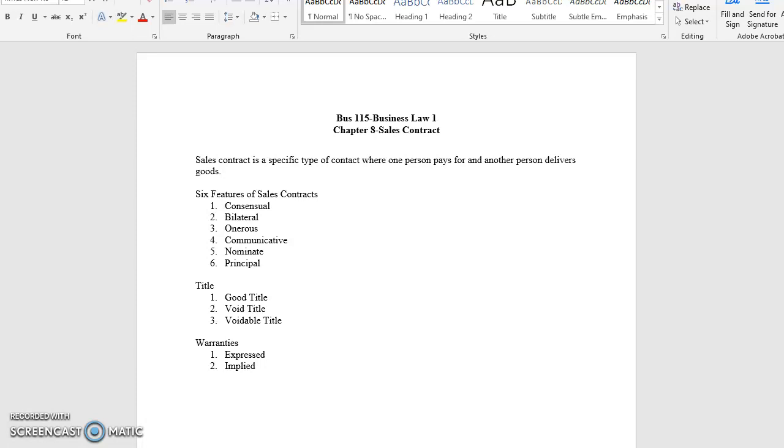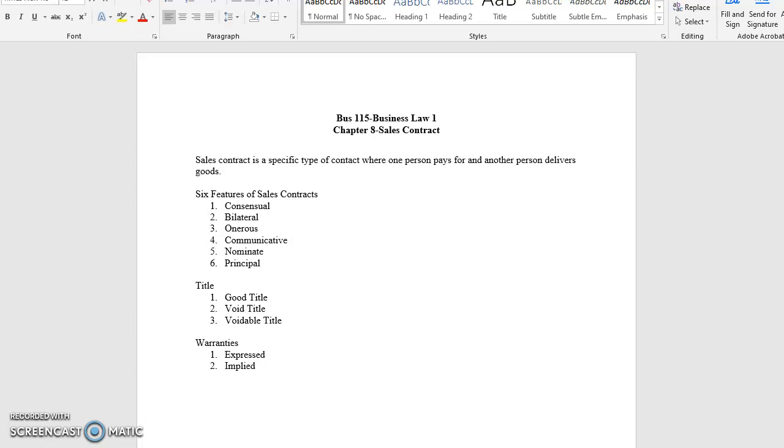Now, a voidable title, which is not the same as a void title, means that it would have been good, but certain circumstances make it bad. For example, if the person you're buying a car from is given a bad check by you and the check bounces, then that is a voidable title.